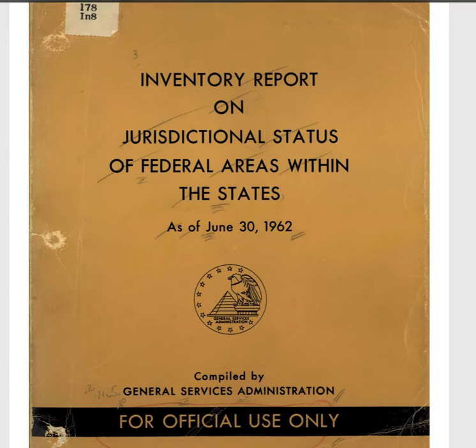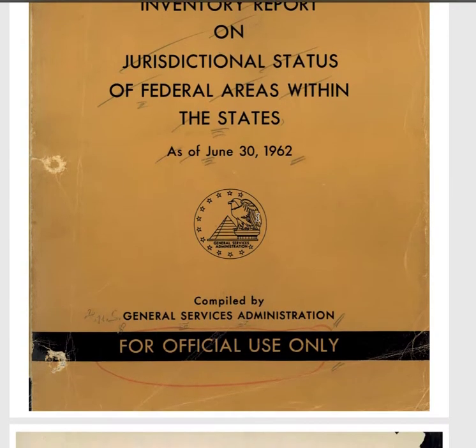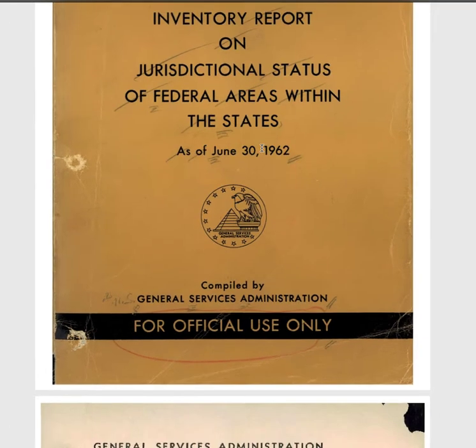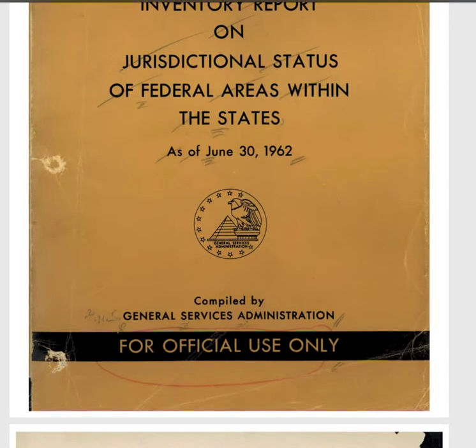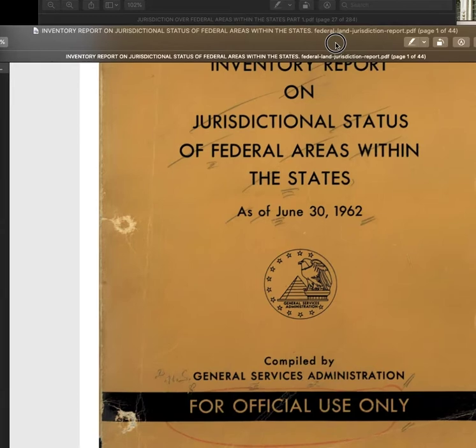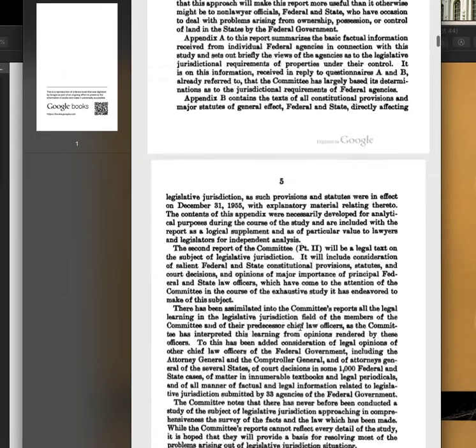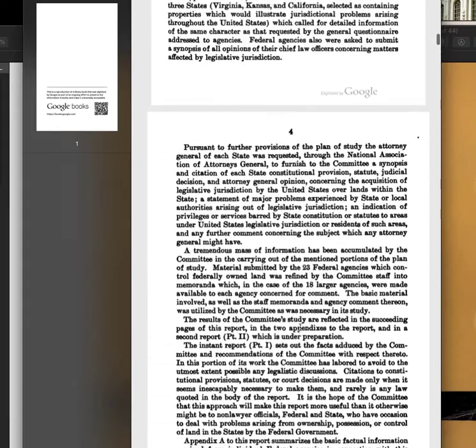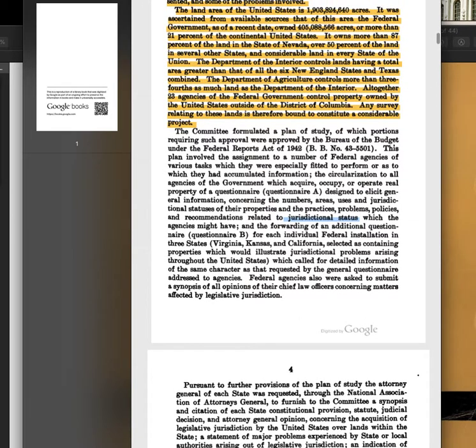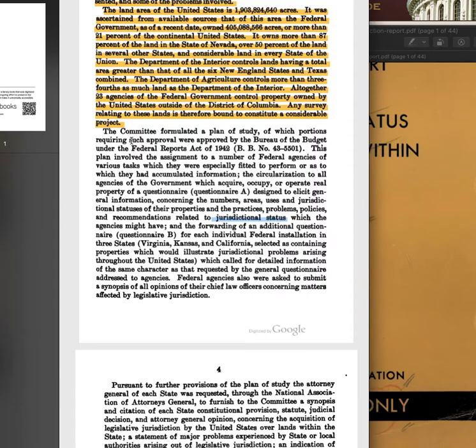But since they came off the federal lands and started doing a bunch of other things, in 1962, after this 1956 report came out, and the 1957 report, they realized, hey, we got a bunch of stuff going on here, and we need to figure out where we're allowed to do those things and what we're allowed to do on those lands.